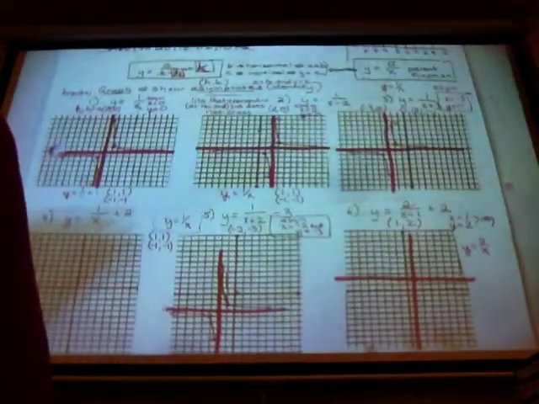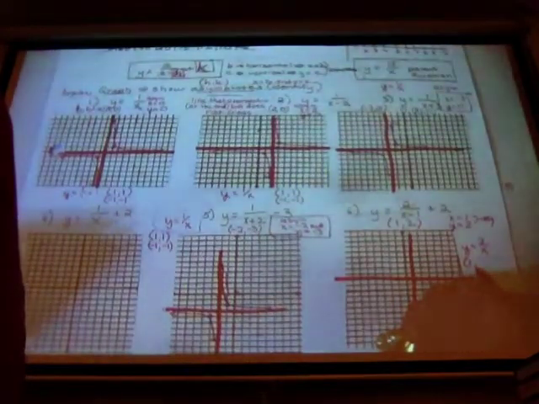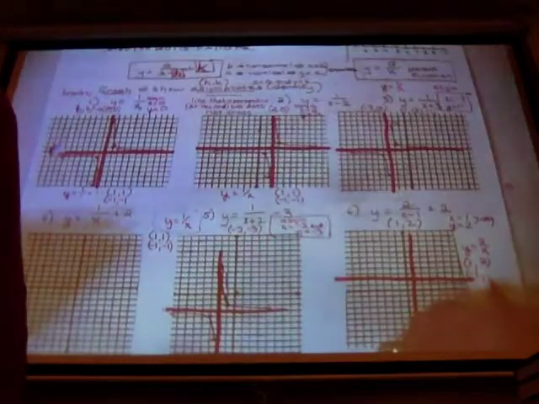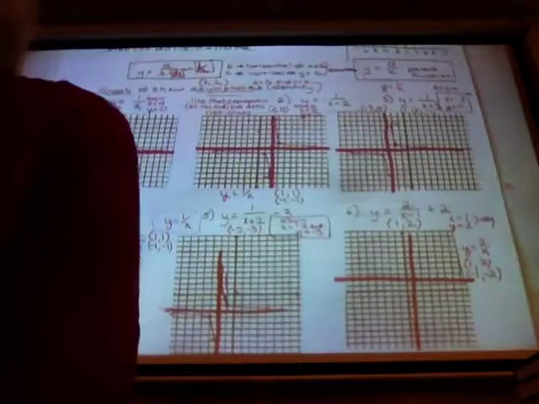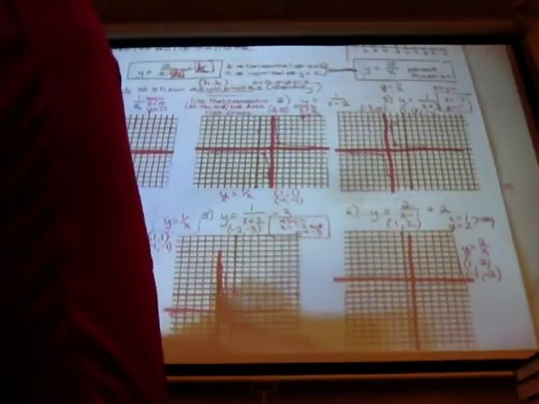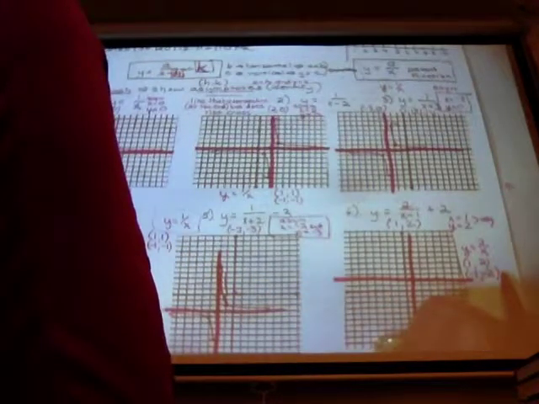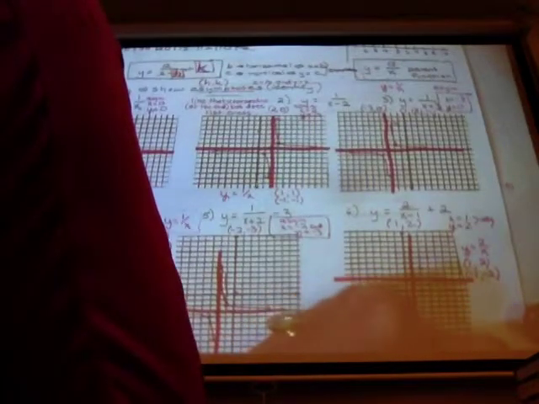Now when x is 1, what is y? 2. When x is negative 1, what is y? Negative 2. So what happened here is that we're just multiplying this by 2, the y. So from here, you're going over 1, up 2, and to the left 1, down 2, and here would be your graph.